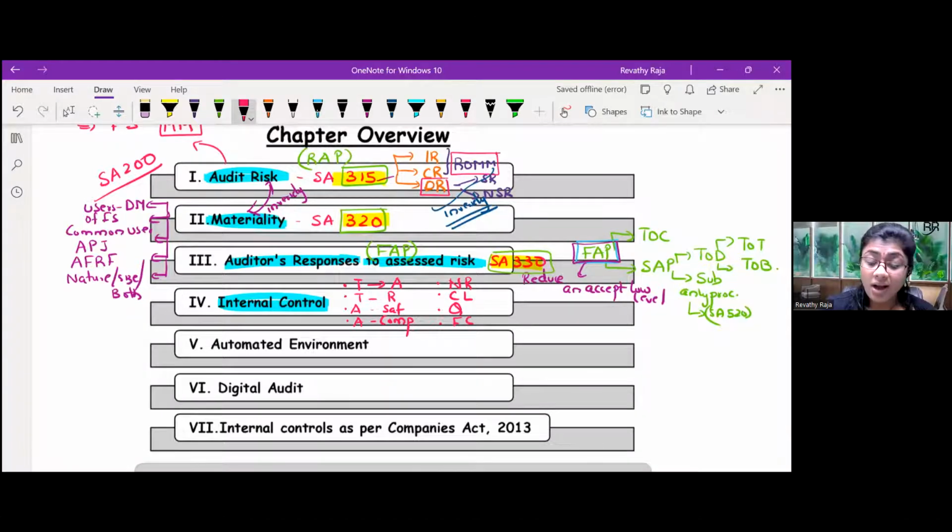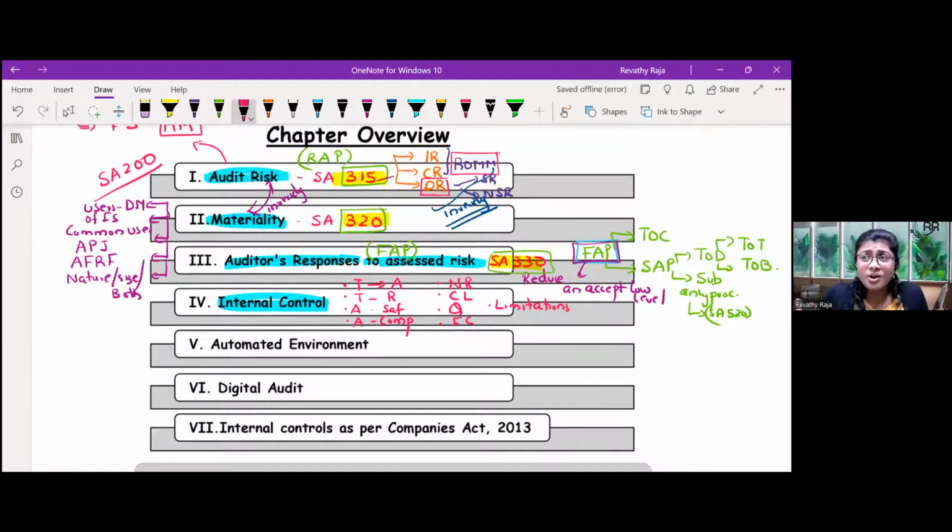Then, internal control has certain limitations such as collusion among the employees, abuse of power by the management, and lack of proper understanding. All these are a few limitations of control, and there is a sentence.